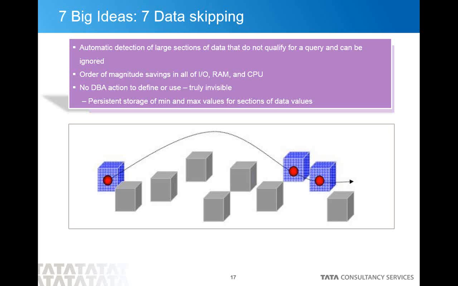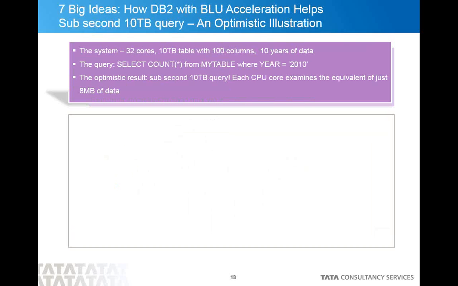Now moving on to the next slide, we see how DB2 with BLU acceleration gets the performance boost when these big ideas come together and are implemented in a single use case. Let's take an example.